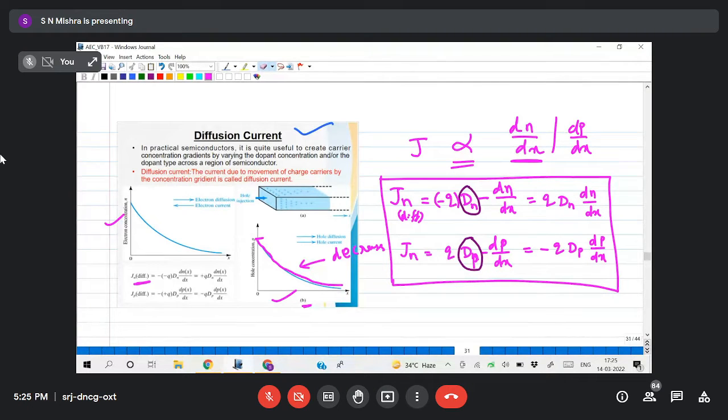So in that way, the carrier will move from one direction to other direction. So if you observe in this condition, here holes are more, here holes are less. So hole will move in this direction, higher concentration to lower concentration. So the movement of carrier will happen and current I will get. That current is known as diffusion current.